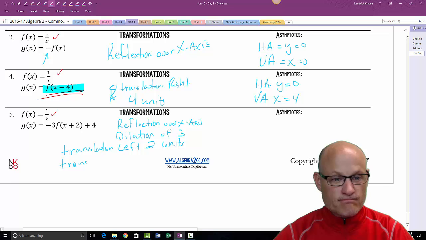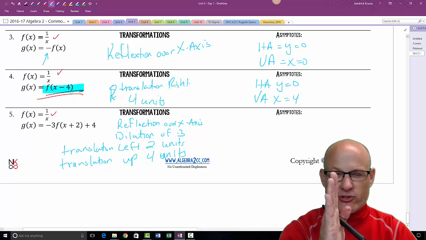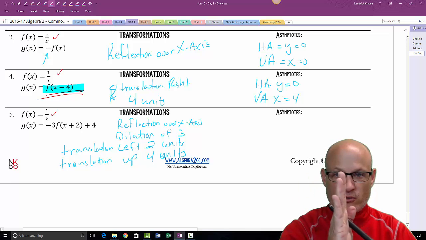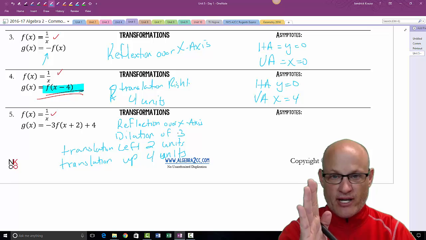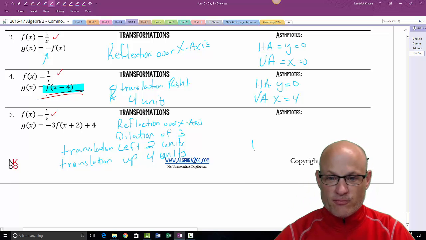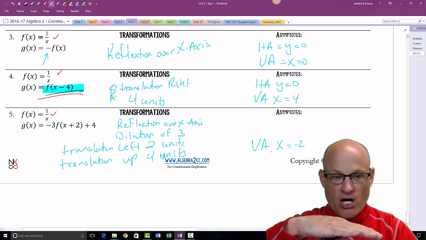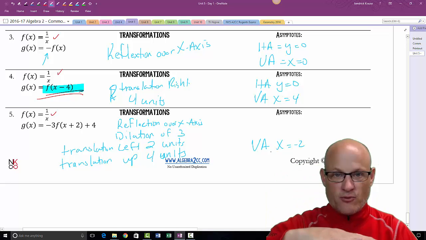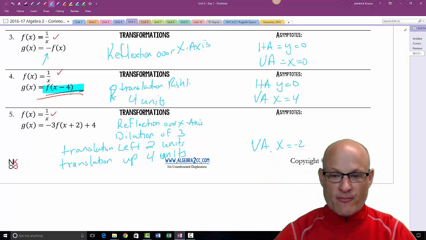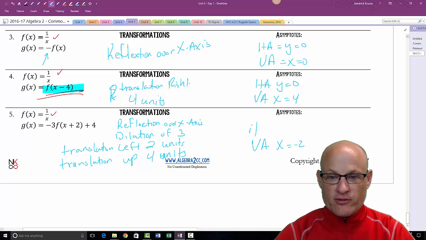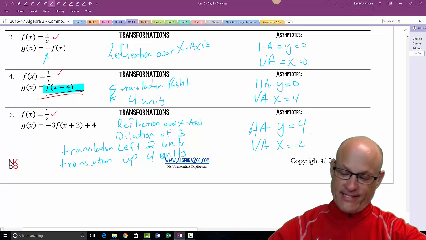Translation up 4 units. So over here, we go left 2. My vertical asymptote went from 0, left 2, to x equals -2. So my vertical asymptote is x equals -2. If I go up 4 units, my horizontal asymptote went up 4 units, so my horizontal asymptote is y equals 4. That's it.